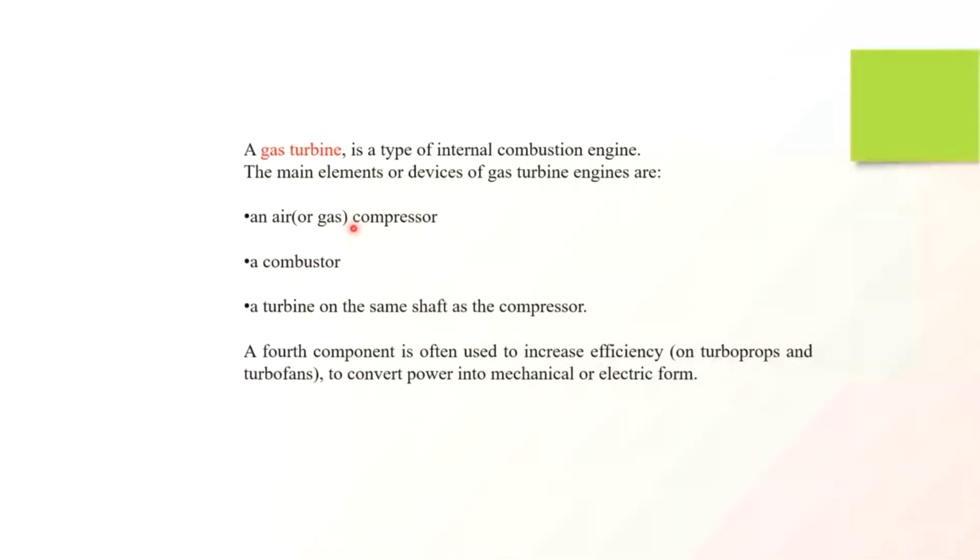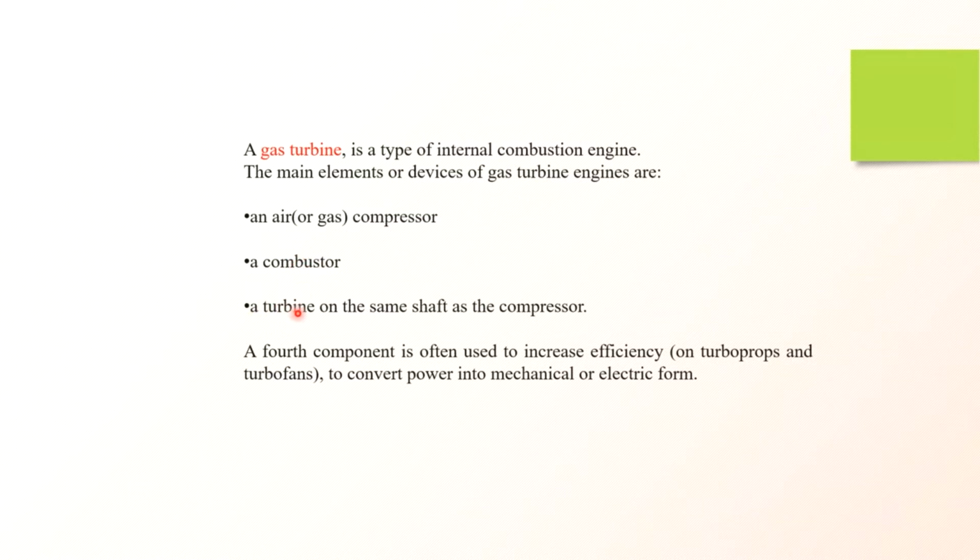Here the compressor is used to suck air from the atmosphere and then compress it to high pressure and high temperature. So when it reaches the combustor, the fuel and air mixture is burned, and energy is produced.